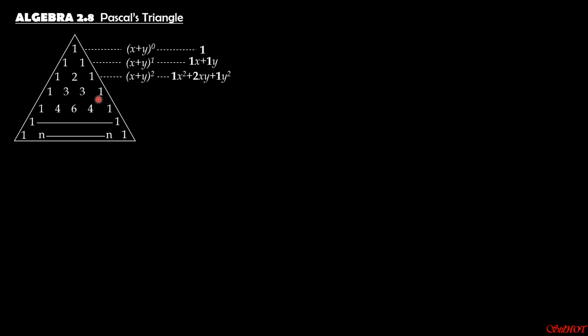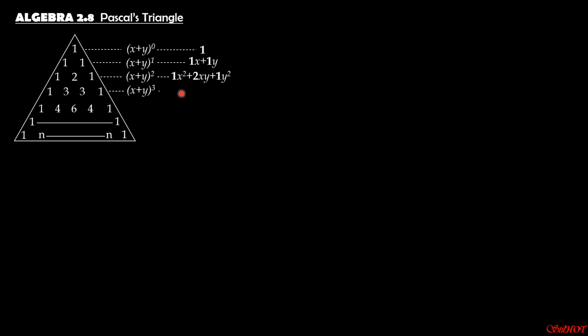And notice also that the exponent of the first term x descends by 1 from n to 0, while the exponent of the second term y ascends by 1 from 0, so there's no y here, y to the 0, to n in general. So this is for quantity x plus y cubed.